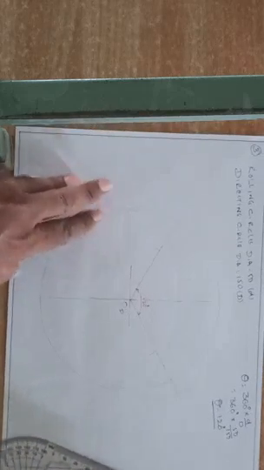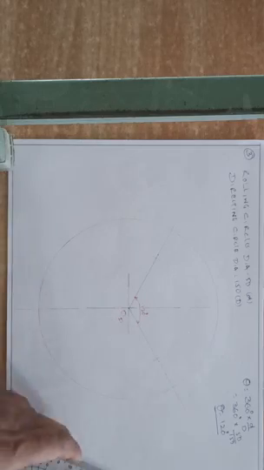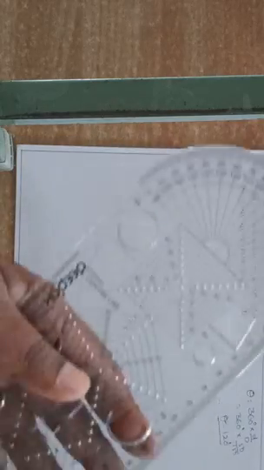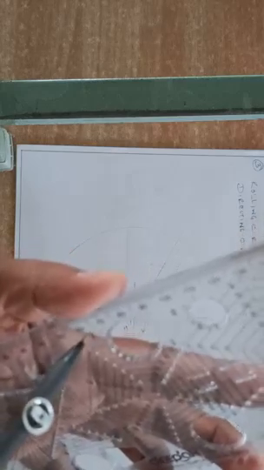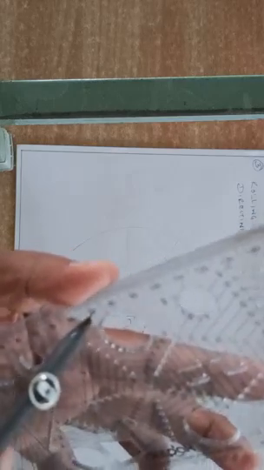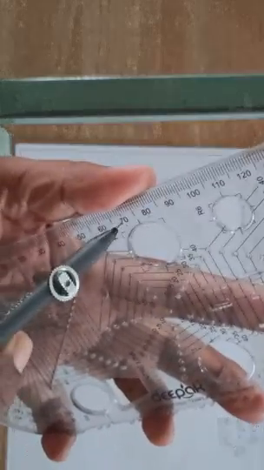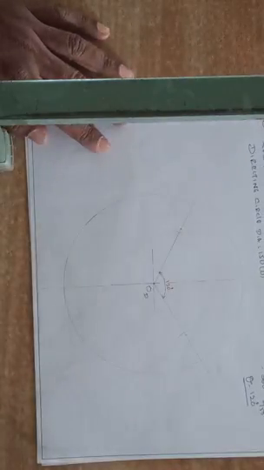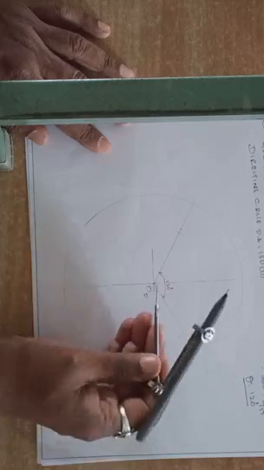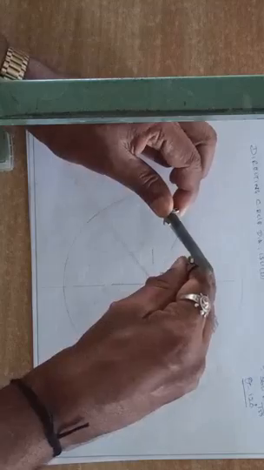Right. Now taking the compass, with the center of the directing circle as center, the radius should be 150 by 2, that means 75 mm. Now draw the circle.